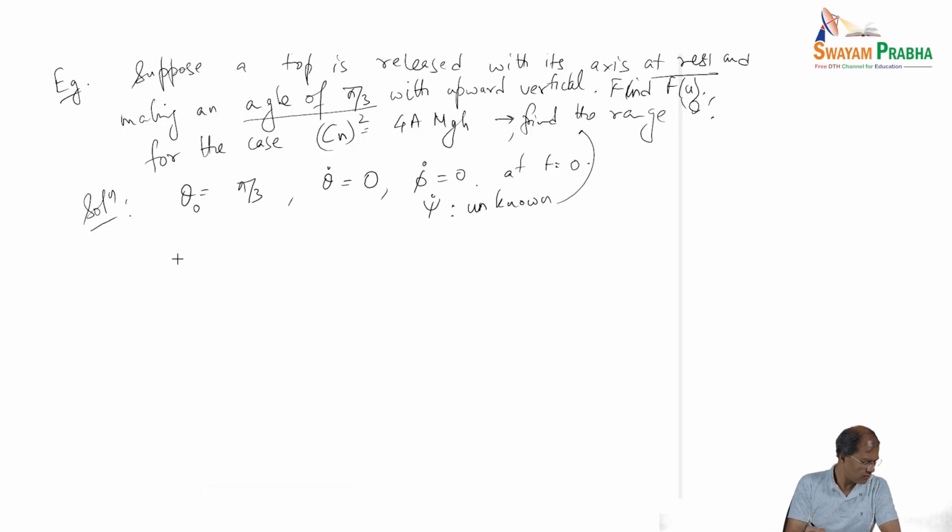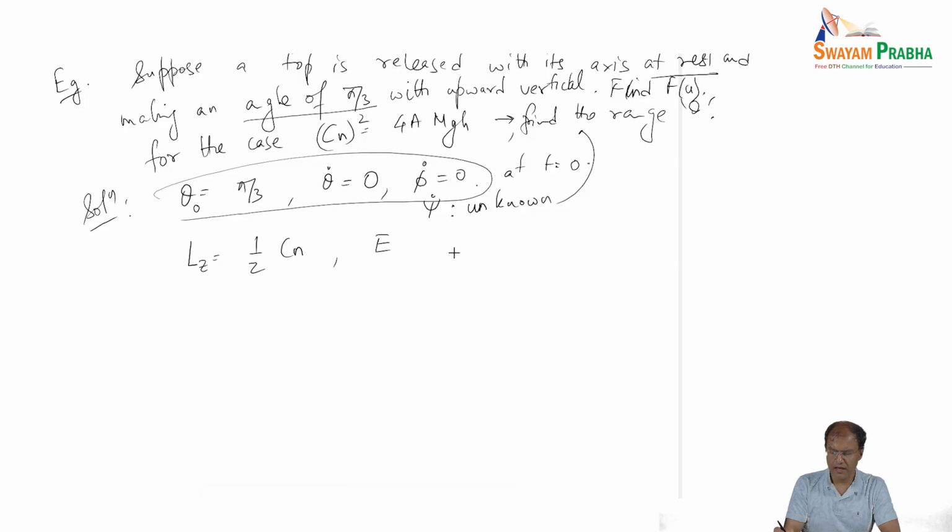So what we have is LZ comes out to be half Cn, and if we plug in all this initial information, our energy comes out to be half Cn plus half mgh, right?